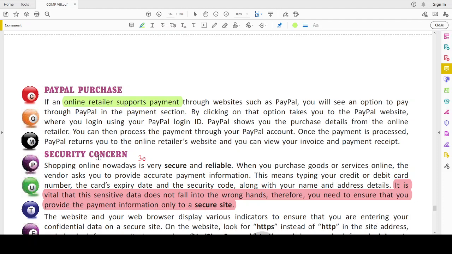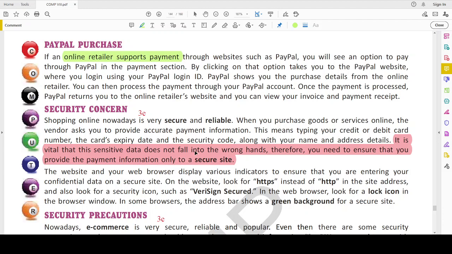Next, security concern. Shopping online nowadays is very secure and reliable. When we purchase goods or services online, the vendor asks us to provide accurate information, which means typing our credit card or debit card number, the card's expiry date, security code, along with our name and address details.